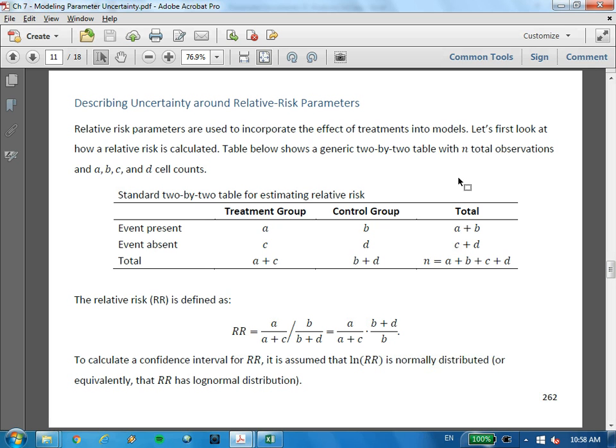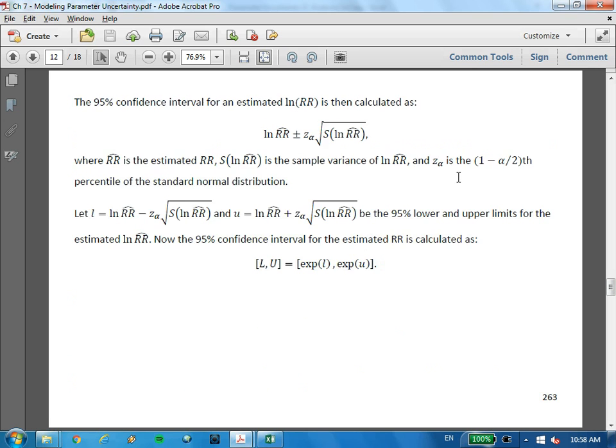Now we want to calculate a confidence interval around this estimate. The way that we do it is take the ln of this expression, then the 95% confidence interval is calculated like this. So this is our estimate. We take the ln.